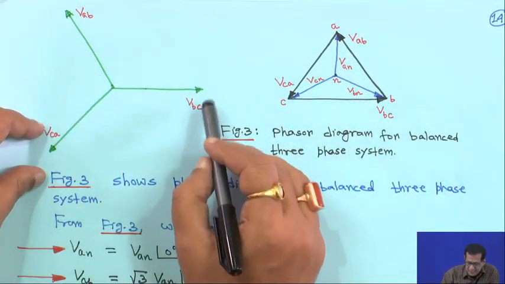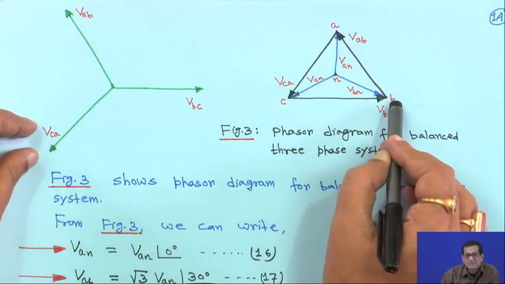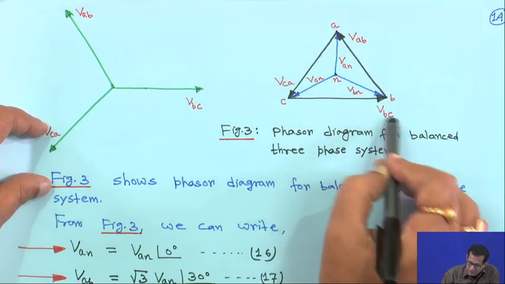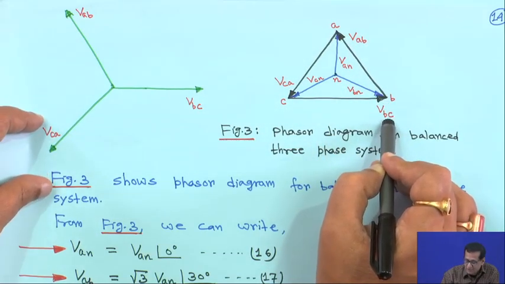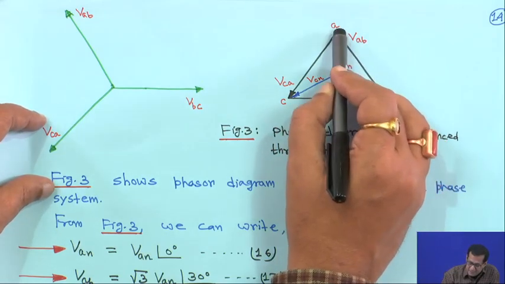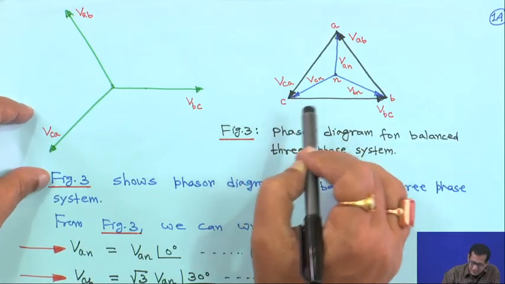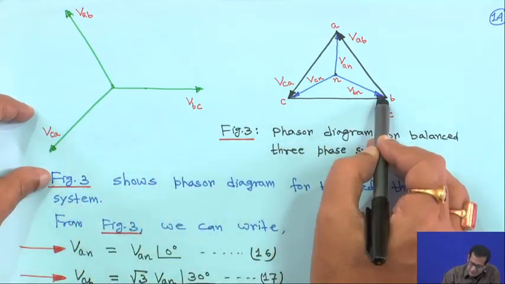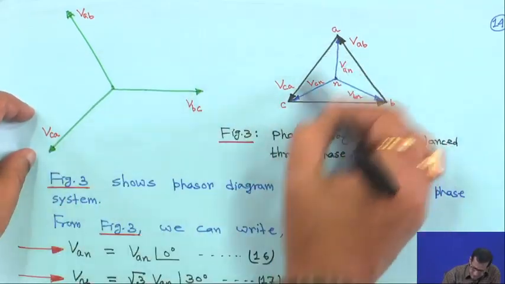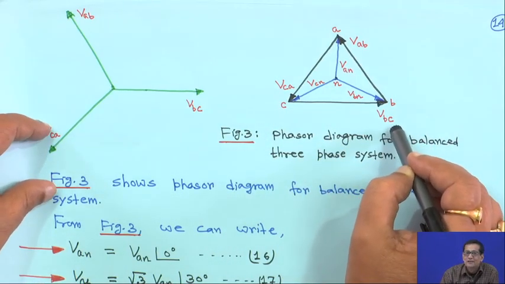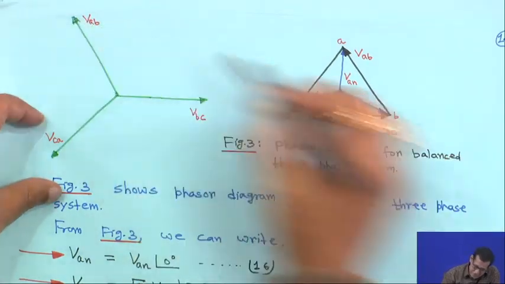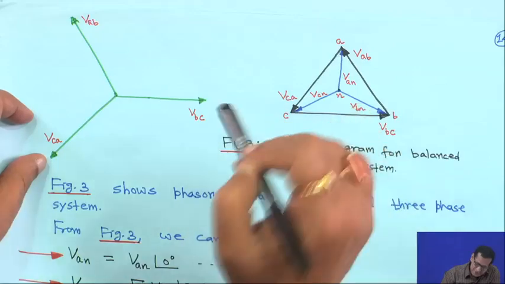When you make AB, BC, CA, the arrow tip marks the phase: VBC is B phase, C phase, with the arrow tip at C; VAB is A, B; VCA is C, A. So first you complete the triangle, understandable, nothing new I am doing, it is simple. This is VBC, this is VAB, and make VCA.